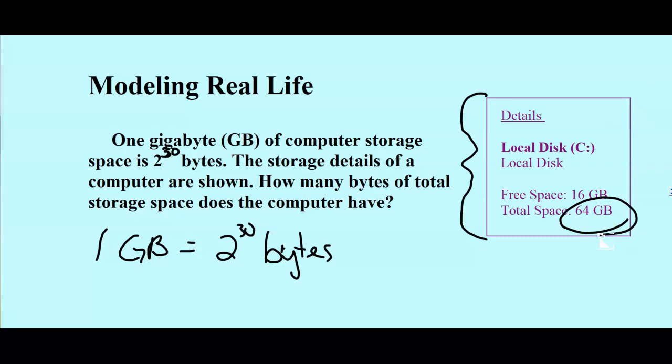What am I going to have to do? Well, if 1 gigabyte is 2 to the 30th, I want to know what 64 gigabytes is worth. I'm going to multiply 64 times 2 to the 30th.